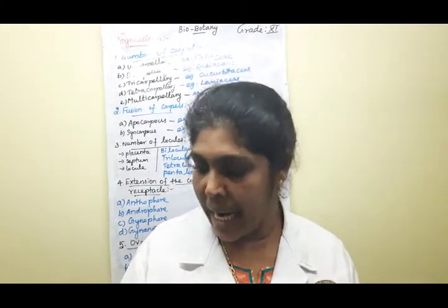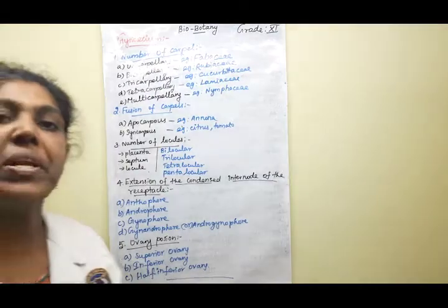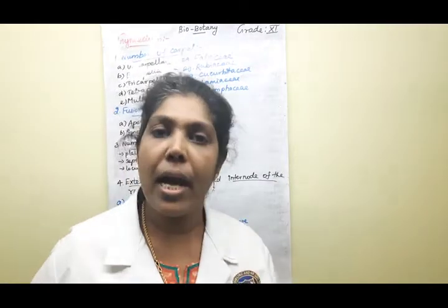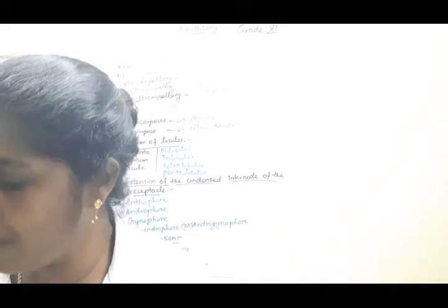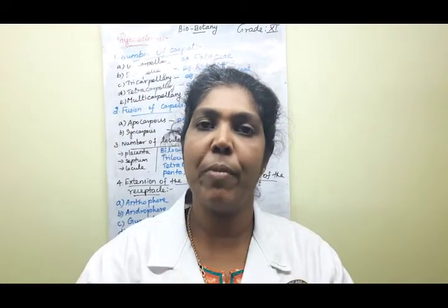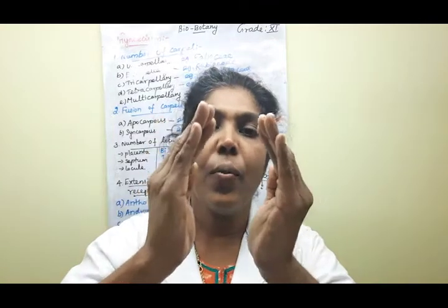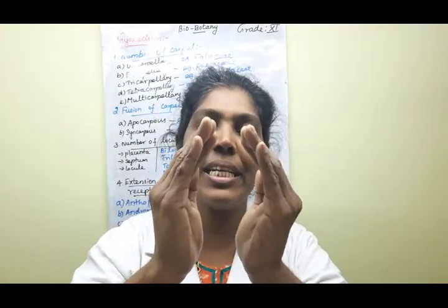Next, finally we are going to learn about the term ovary position. How do we find out the ovary position? If we get one of these real specimens, how do we identify the ovary position?